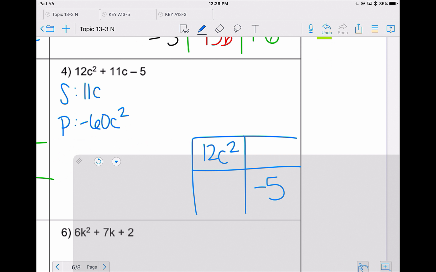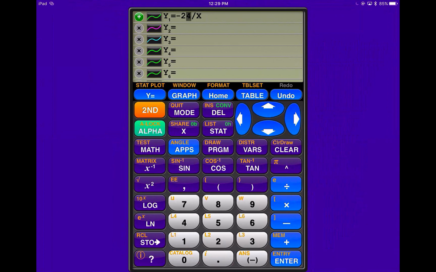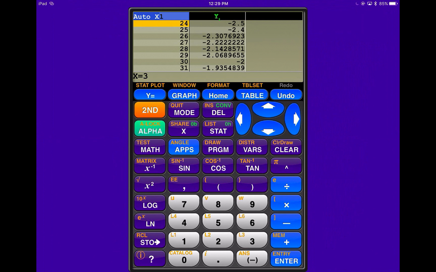My sum is 11c. So I'm looking for two numbers that would multiply to negative 60 and add to 11. So I put the product into y equals, go to my table, and search for my sum of 11.